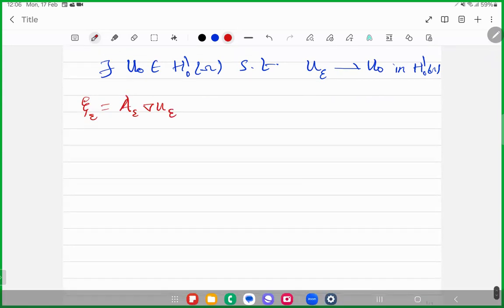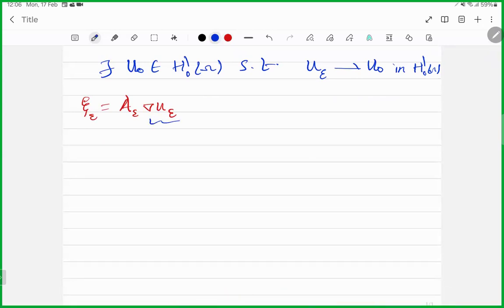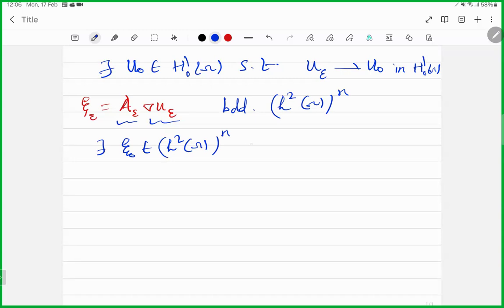This is in L2, this is L infinity. So you actually have the sequence bounded in L2, and hence you also have a xi naught in L2 such that xi epsilon, which is A epsilon grad u epsilon, converges weakly to xi naught in L2.